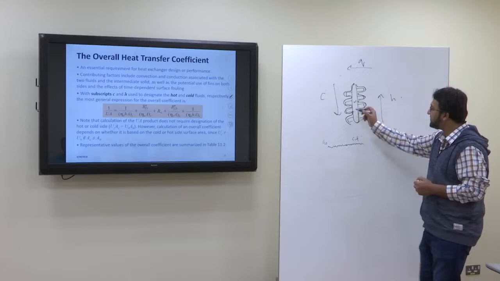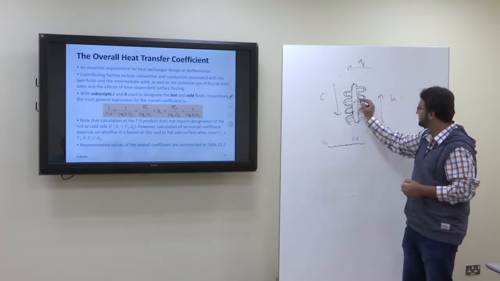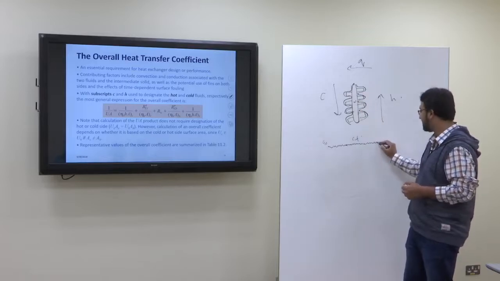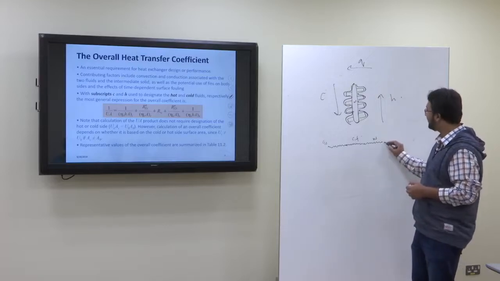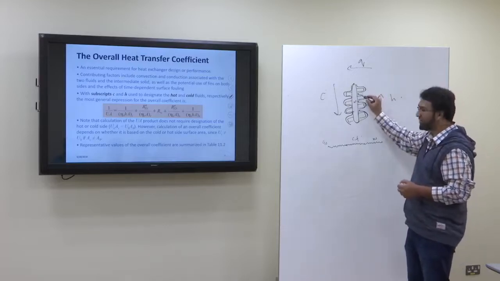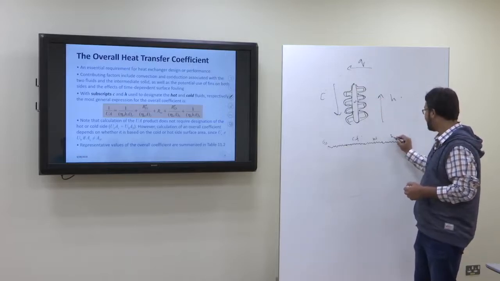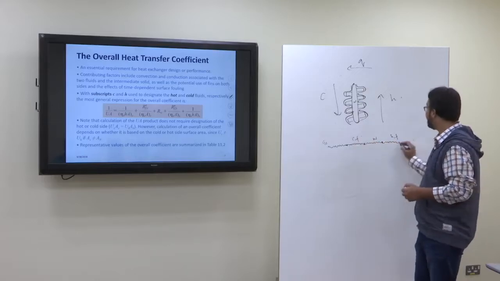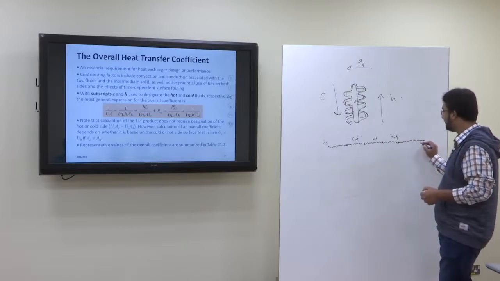After it passes through the fouling, then you will have the wall resistance, the conductive resistance for the wall. Then after the wall, we have again fouling on the hot side. Then after hot side fouling, we have the hot side convection.